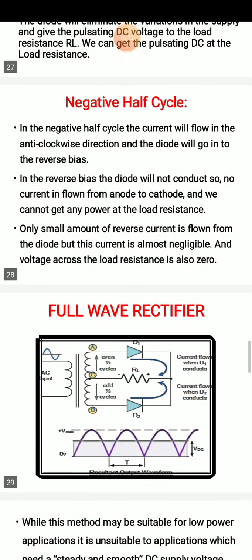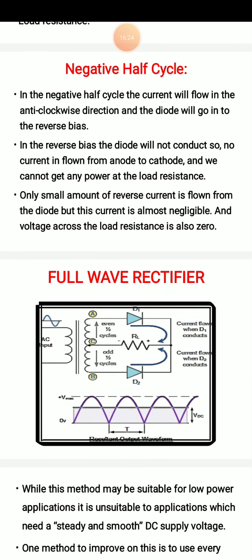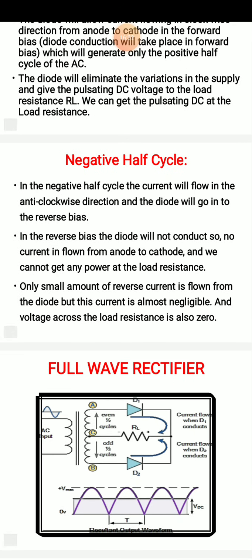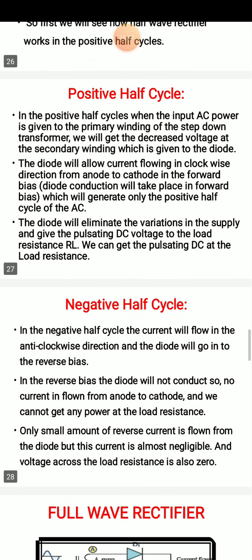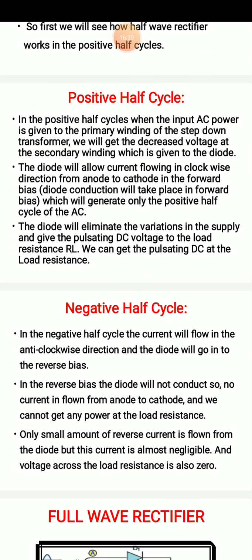We can see the negative half cycle mode. In the negative half cycle, the current will flow in the anti-clockwise direction. You can kindly make a note of it. Based upon the direction of the current flow, only this particular waveform will occur.